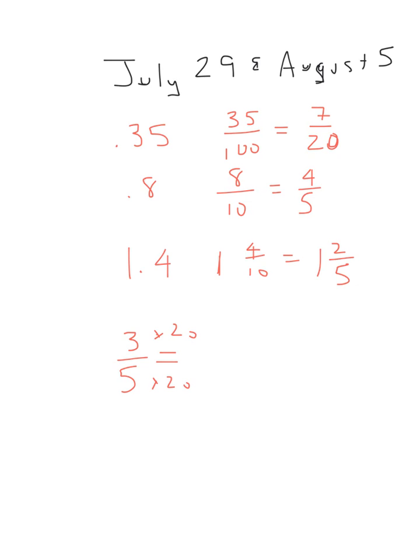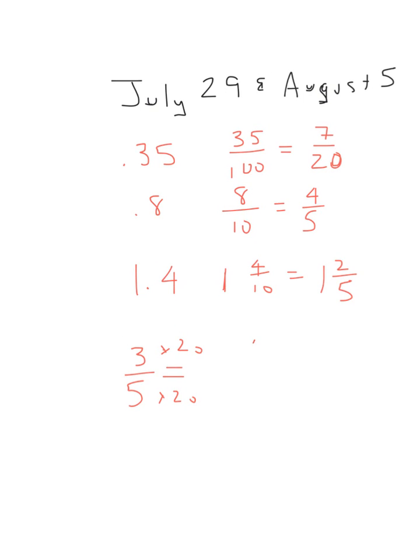So 3/5 is 60/100. If I had 6 hundredths, simplified is 6/10. So in other words, I know that 3/5 is 6/10.